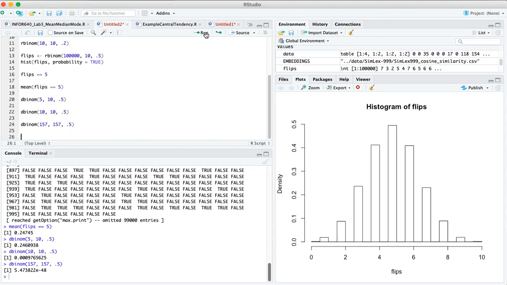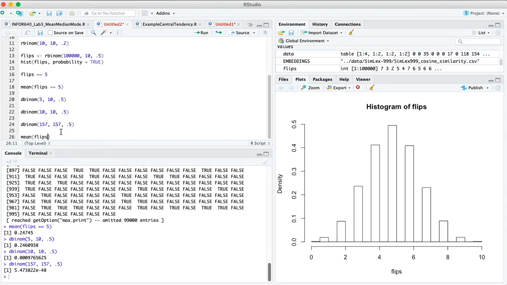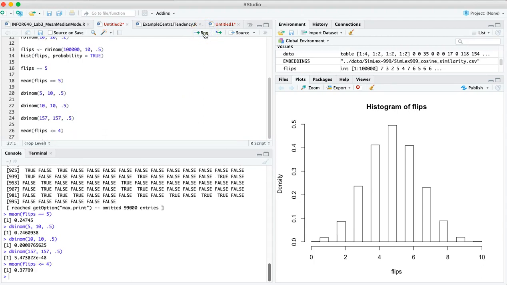So if we go back to our original flips, which we still are holding onto in our variable up here, and then type in the mean of our flips less than or equal to 4, so how many times do you get 4, 3, 2, 1, or 0, right? We'll go ahead and run this, and this is our simulated value.